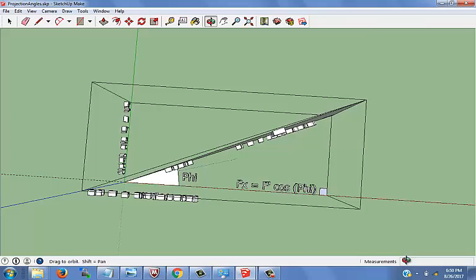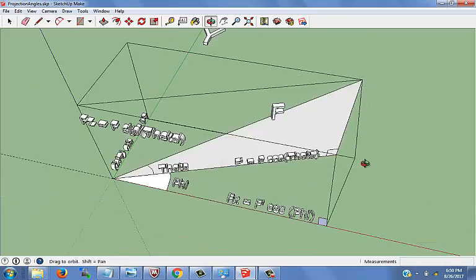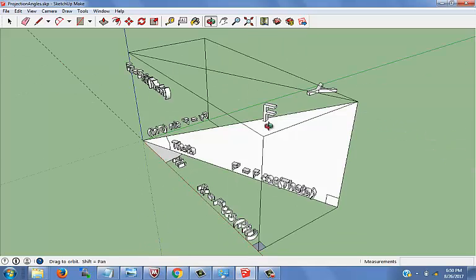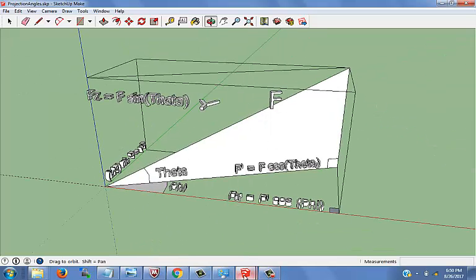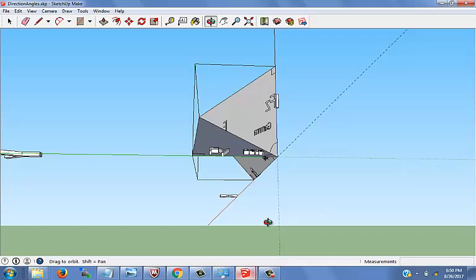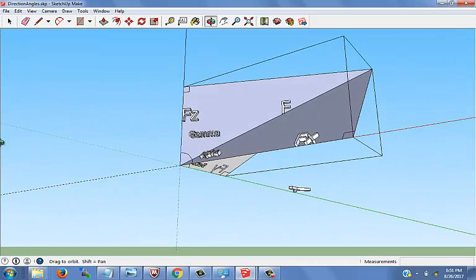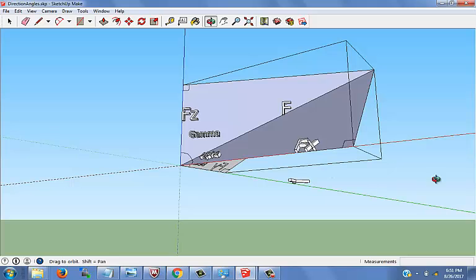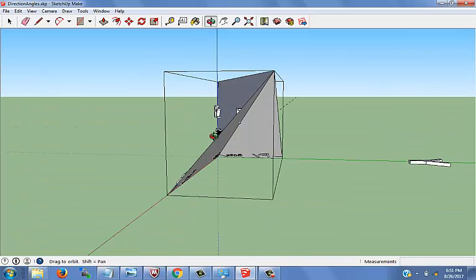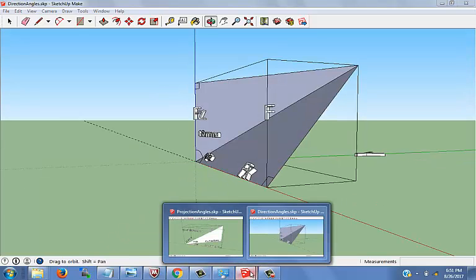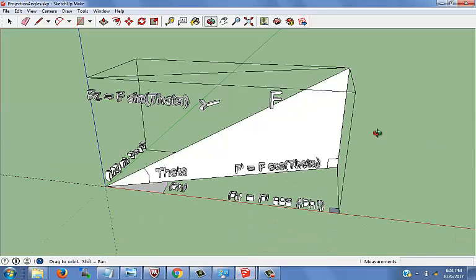The interesting thing about the projection angles is you're making a vertical projection straight down to the xy plane beneath that force vector f, right? You don't see that in the direction angle one. The direction angle is just making these connections to the xyz axes, not dropping a projection line straight down to the xy plane, right? That's missing in that one, but you do see it in the projection angle one.